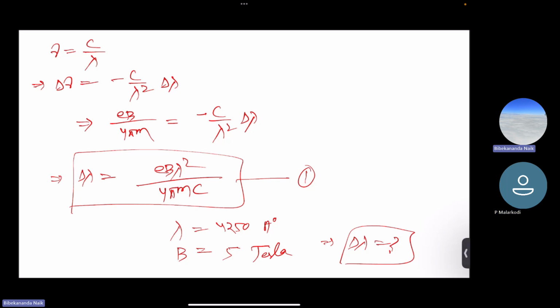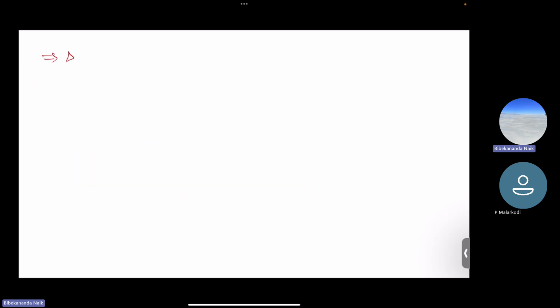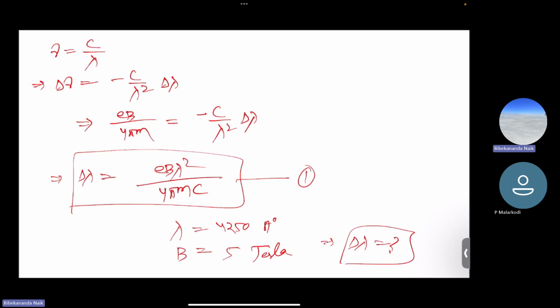Okay, so if you put all those values, it's pretty simple. E is 1.6 into 10 to the power minus 19, B is 5 Tesla, into delta lambda equals EB lambda square.